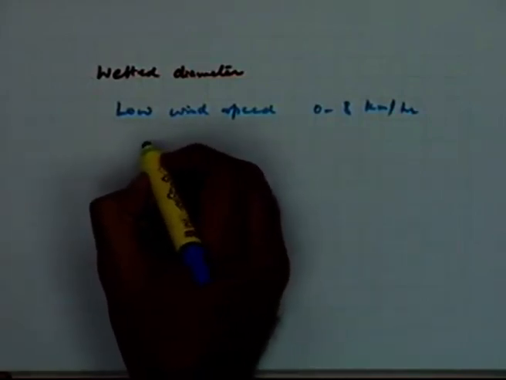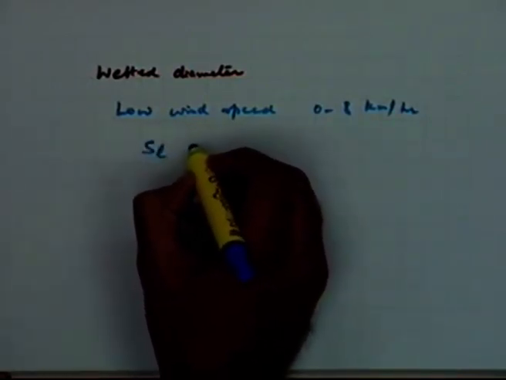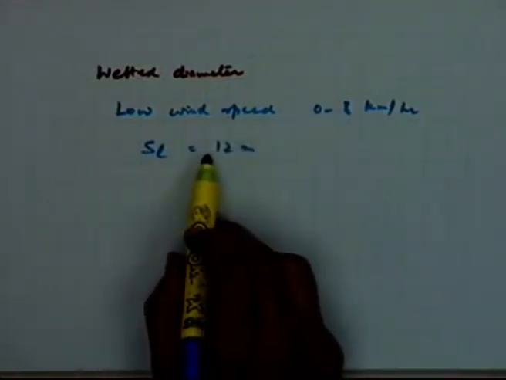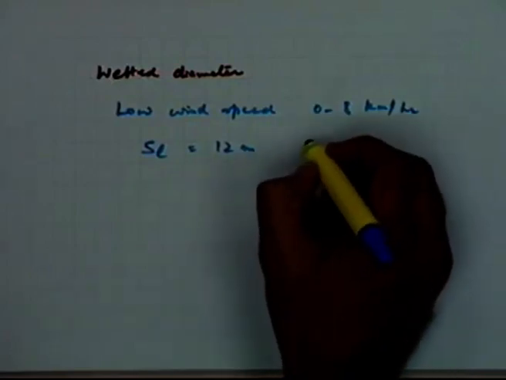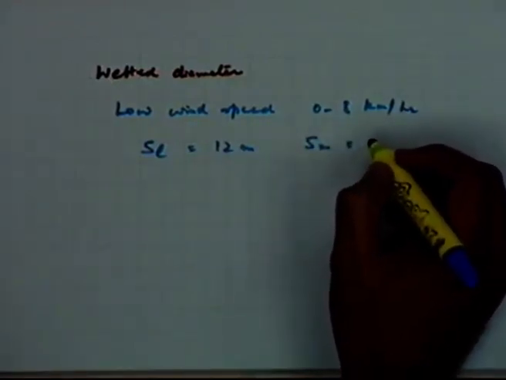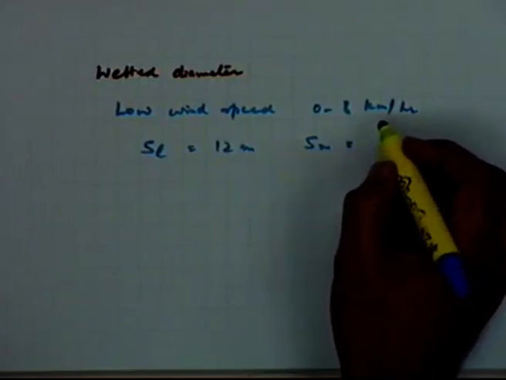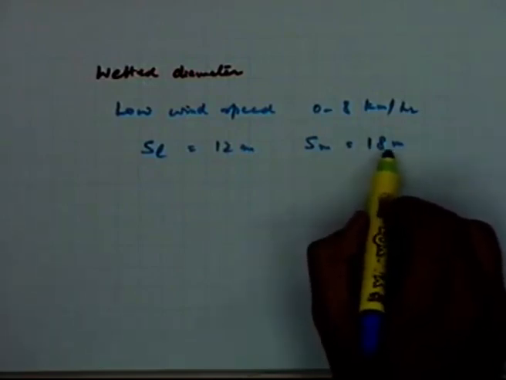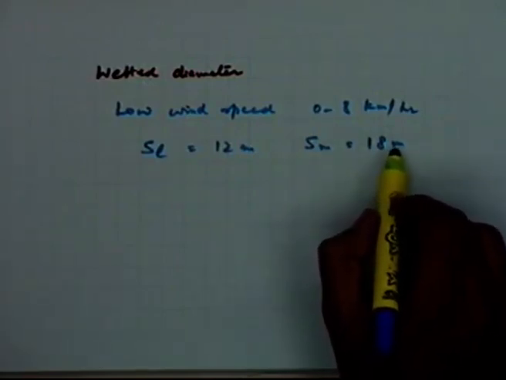And let's take SL to be 12 meters, which is given, and for the mainline spacing, you have the option either to go in for a 15 meter spacing or an 18 meter spacing. We'll check first with 18 meter spacing.